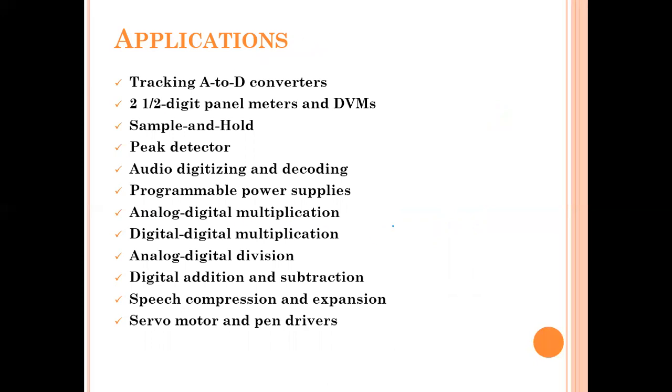The 1408 D2A converter has been used in most applications, like tracking A to D converters, 2.5 digital panel meters and digital voltmeters, sample and hold circuits, peak detectors, audio digitizing and decoding, programmable power supplies, analog to digital multiplication, digital to digital multiplication, division, addition, subtraction, speech compression and expansion, servo motors and pen drives, etc. These are the few applications that we have mentioned. Apart from this, you will have many applications.